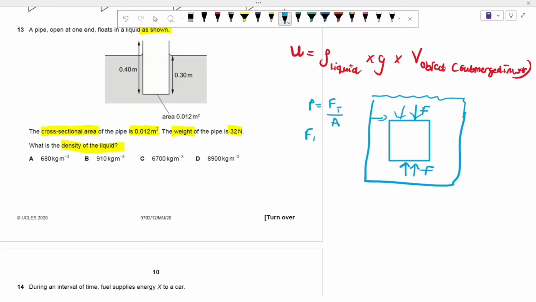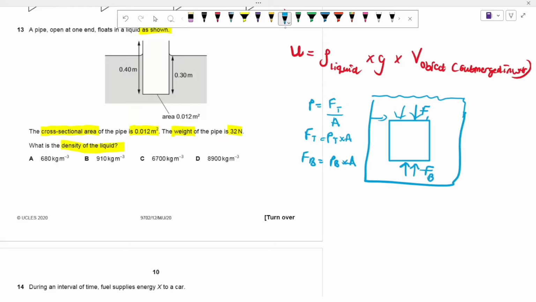So the force at the top will be equal to the pressure at the top times the area that is exposed. Then if you go to the bottom, the force at the bottom will just be equal to the pressure at the bottom times the area A. Is this clear? Right. So the force at the bottom, however, is going to be greater because you know that pressure increases with depth.